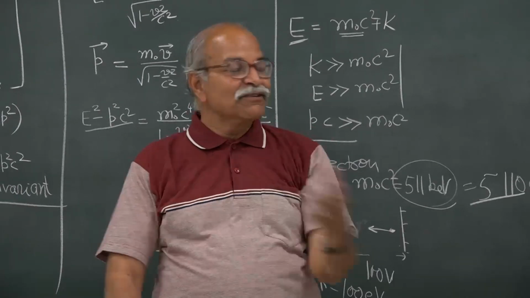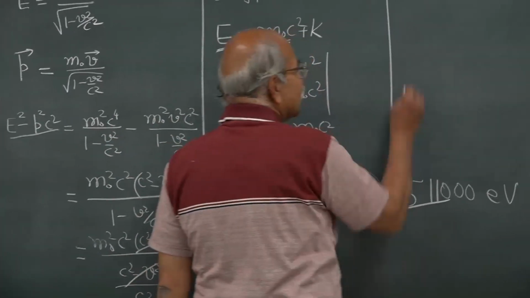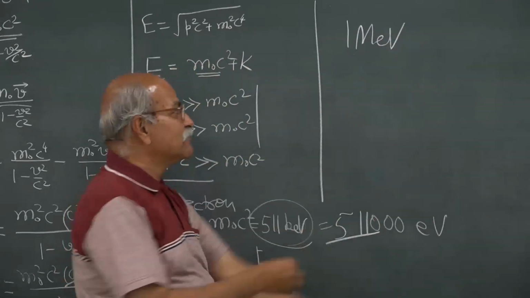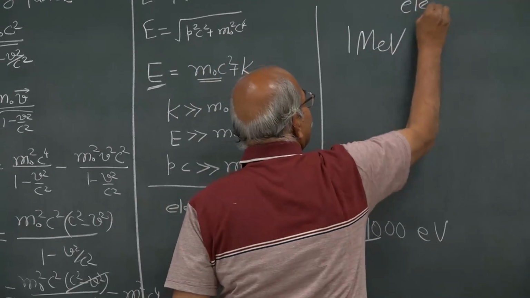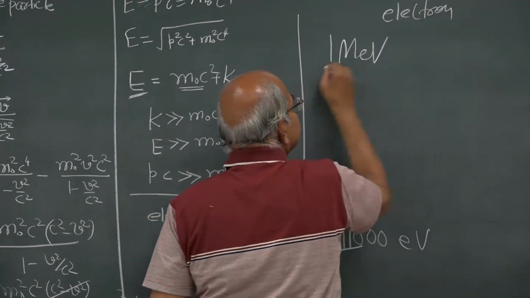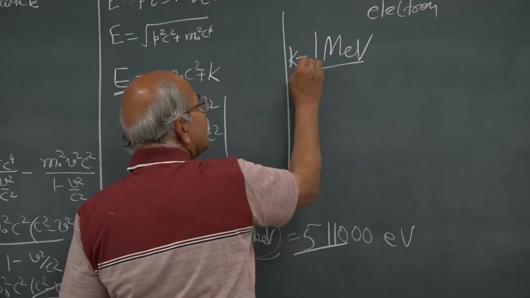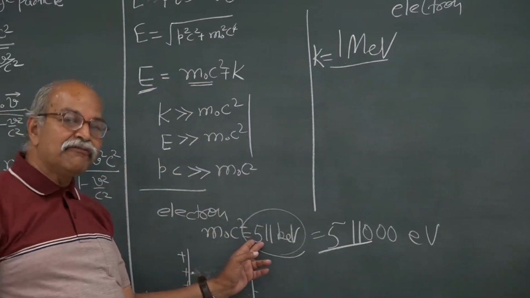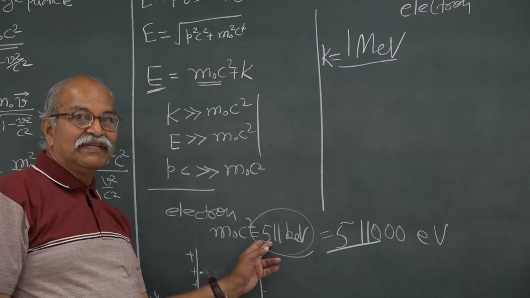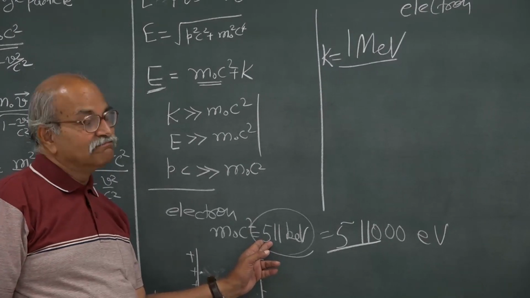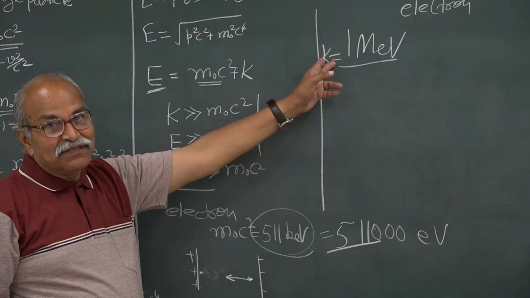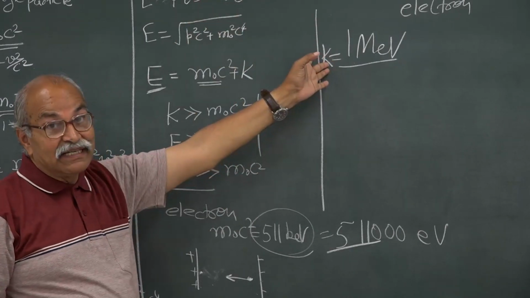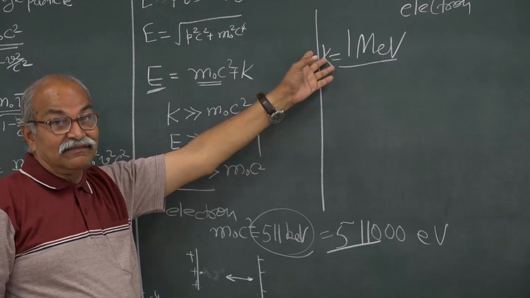So the kinetic energy of this electron is 1 MeV as it goes from this end to that end. If kinetic energy is 1 MeV and rest mass energy is half an MeV, 511 keV, Newton's laws, F equal to ma, will not work. You have to go for relativistic equations.